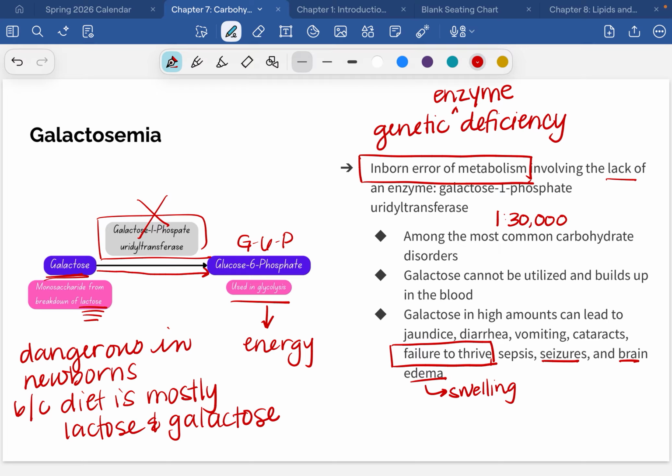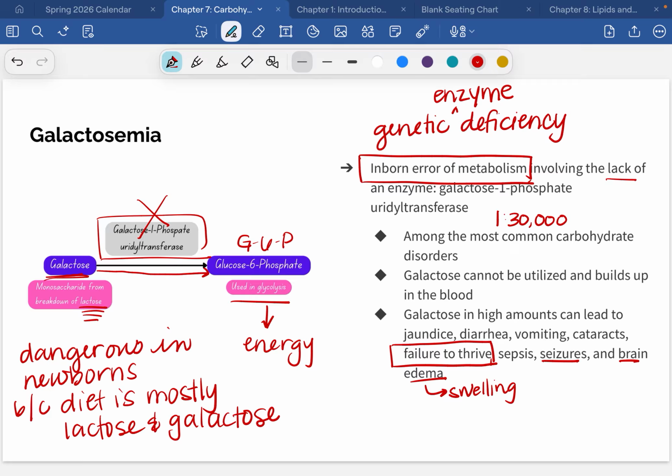It's to catch some of this before an infant starts to show symptoms, because if you catch galactosemia on that newborn heel stick, a lot of times it will be caught before they start to show failure to thrive, brain swelling, things like that. So that is galactosemia.